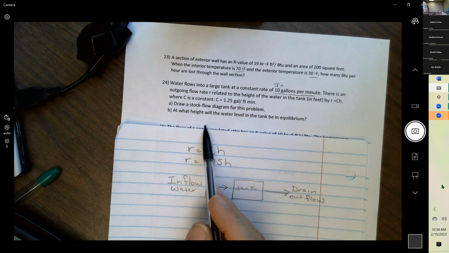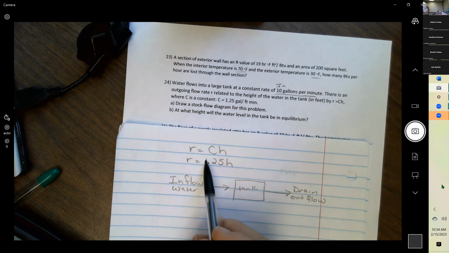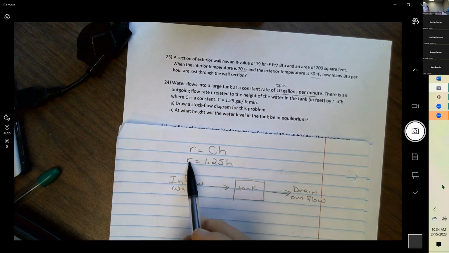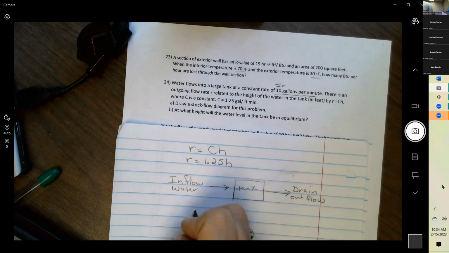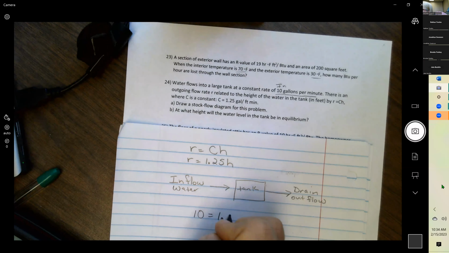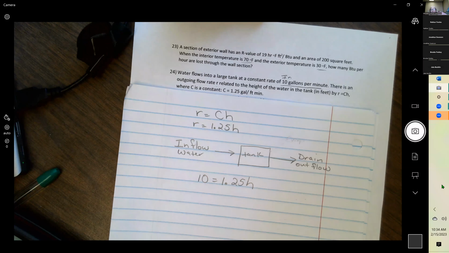At what height will the water level in the tank be at equilibrium? Well, that's when these two are equal. So we just plug in, we're looking for height, we plug in for R. R is the rate, which is 10 gallons per minute. 10 equals 1.25 H. Because we know it's at an equilibrium when what's going in is the same as what's going out.